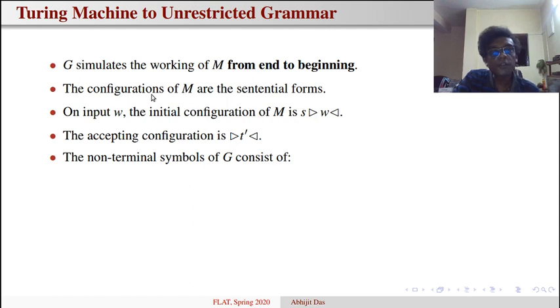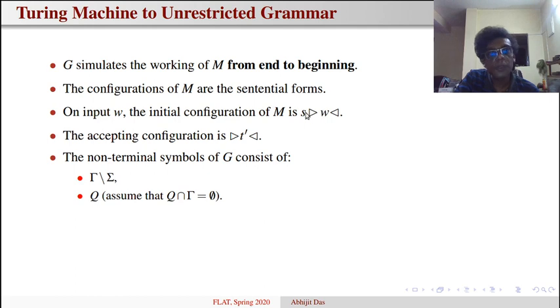Since the configurations of M are the sentential forms, the non-terminal symbols of G must be whatever is allowed in the tape alphabet, right? I think this is not correct. It is not minus this. It's the complete tape alphabet and the set of states, because we have to have something like this. This is a mistake. Why?